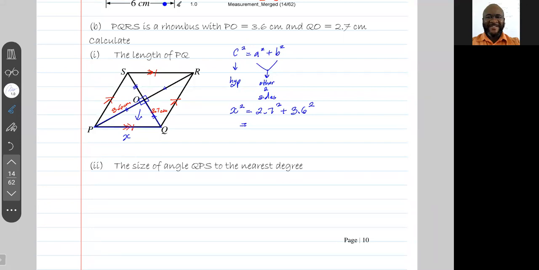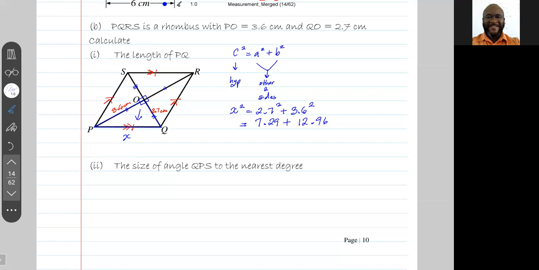So 2.7 times 2.7 is equal to 7.29. So this is 7.29 plus 3.6 times 3.6 is equal to 12.96.